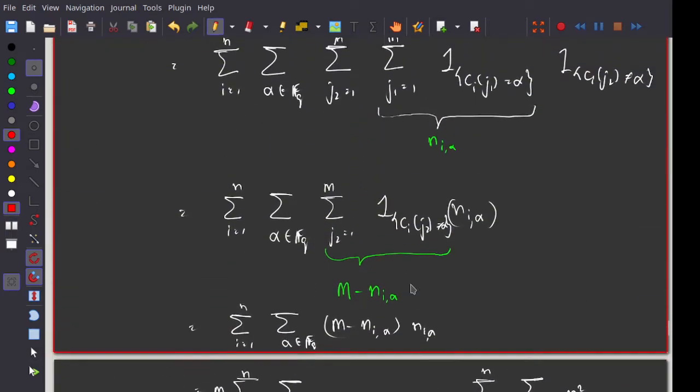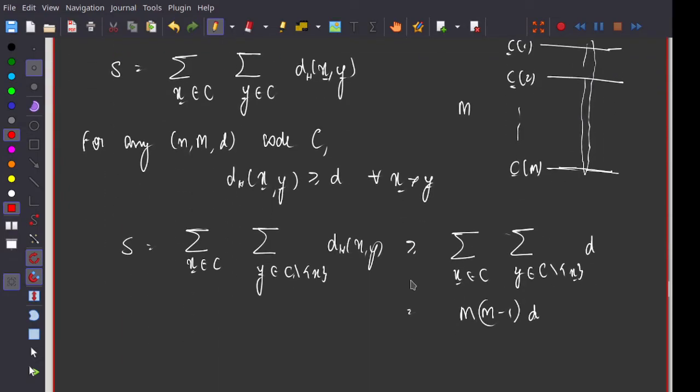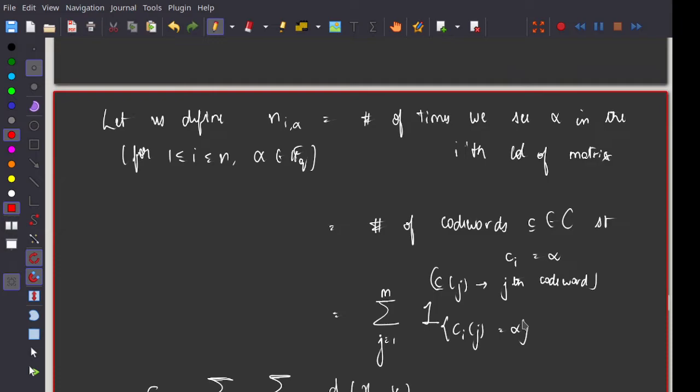Just quickly to recap what we did, we basically wrote the sum of the distances between pairs of code words in two different ways. One explicitly in terms of the distance between x and y for all pairs x and y. We saw that that is greater than or equal to M into M minus 1 into d. And then we looked at it from the column perspective.